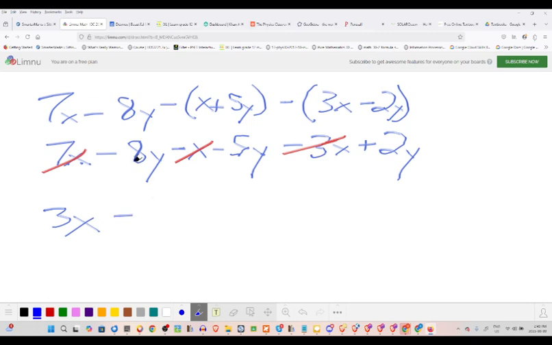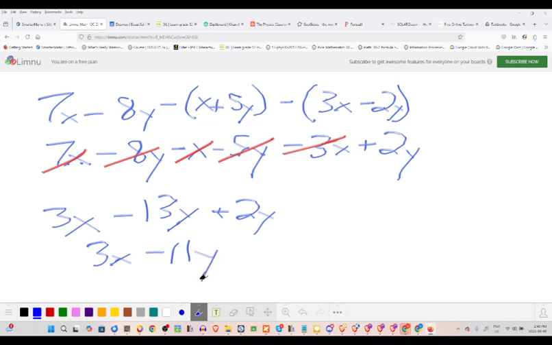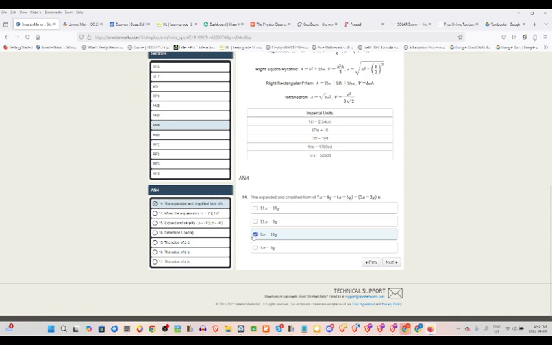Now, negative 8 minus 5, we could even do it in 2 steps if we want. So then we have our minus 13y, and now we have 3x minus 11y when we combine our negative 13 and 2. And there's 3x minus 11y right there.